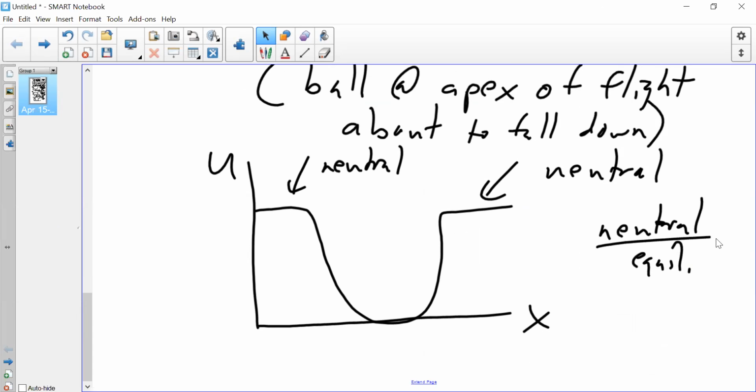Questions on that? When the potential energy is constant, the slope is still 0. Three different perspectives, 3 different points of view, maybe on the same graph.